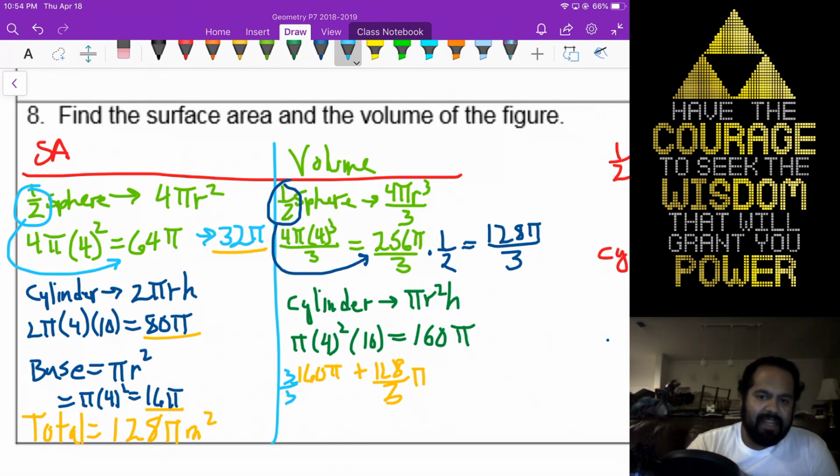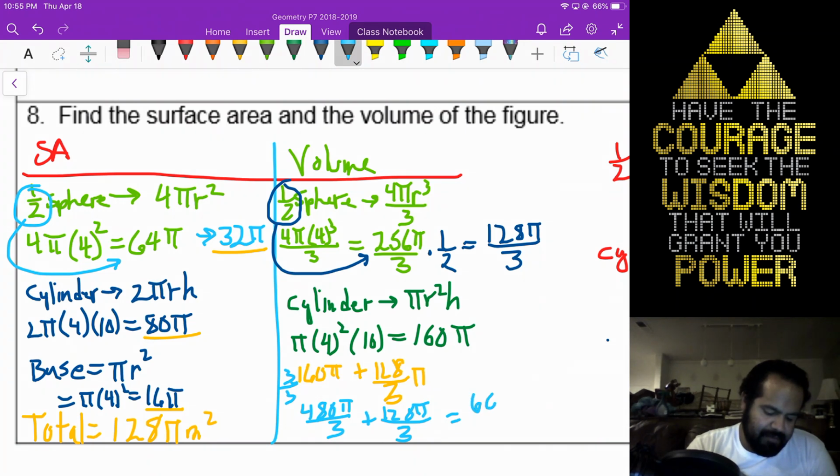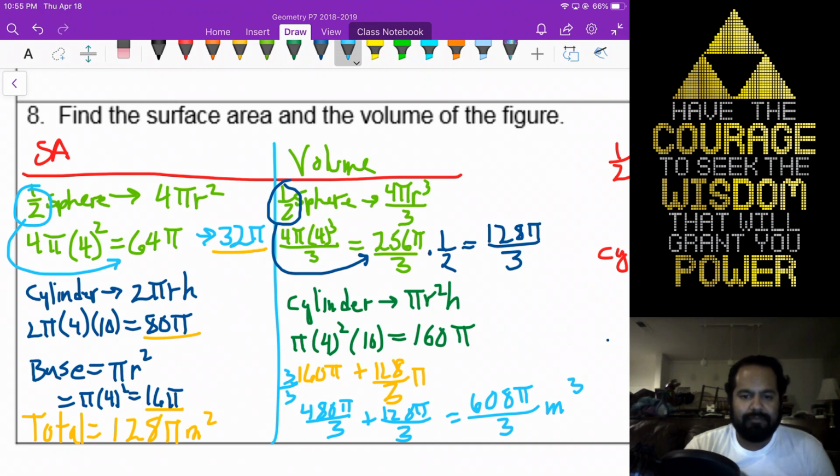So that's the same thing as 480. So it's going to say 480 pi over 3 plus 128 pi over 3. So 480 plus 128, that's 608 pi over 3. And then our units of meters cubed. And there you have it.